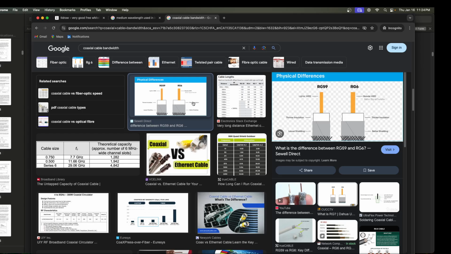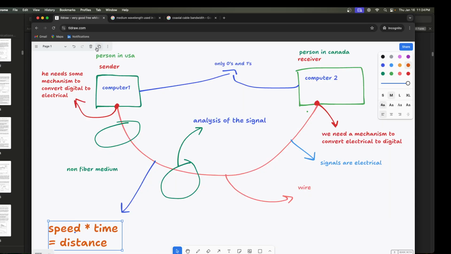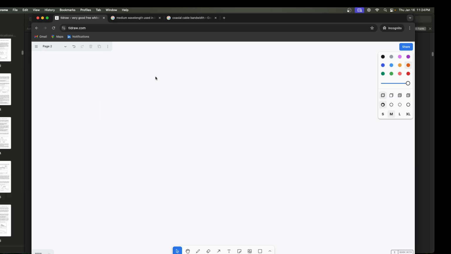Okay, so what he's saying is, let's have another page. So the first term that we are trying to understand is bandwidth.